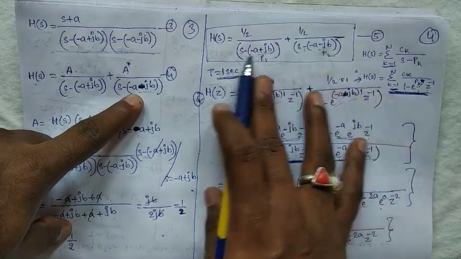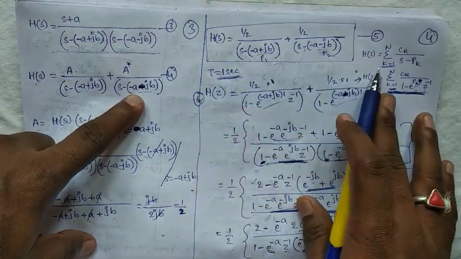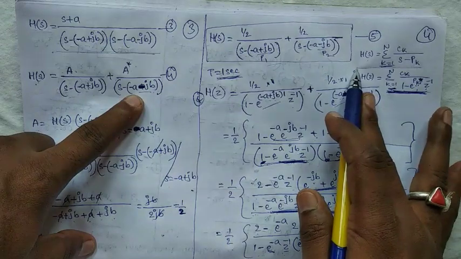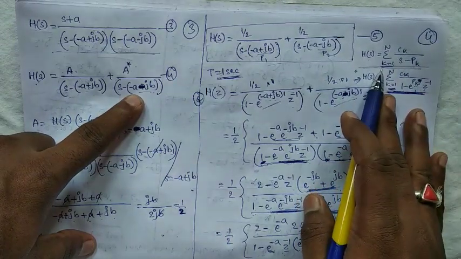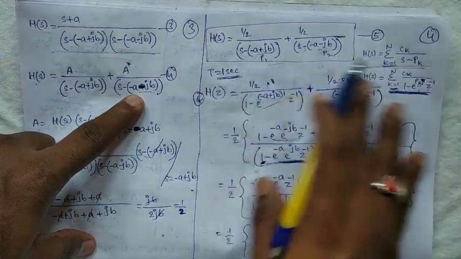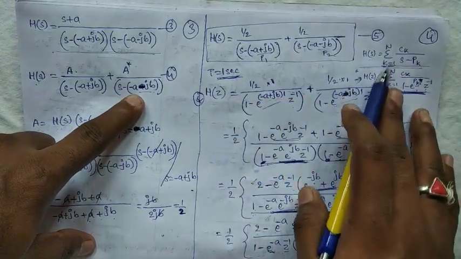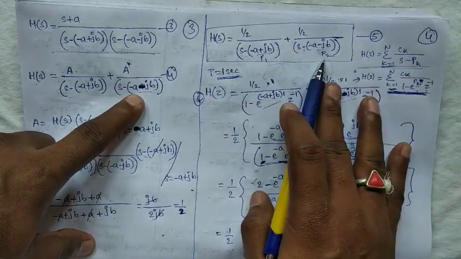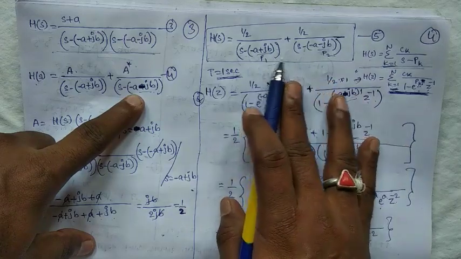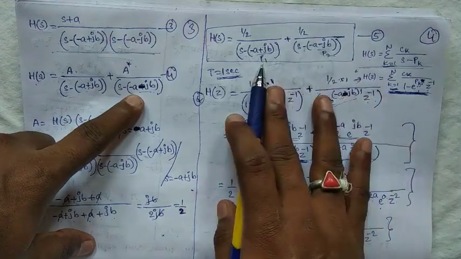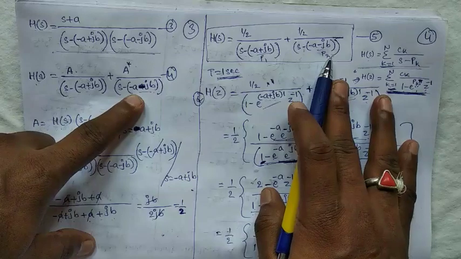H of s is expressed as a sum of single pole filters, s minus p1, s minus p2.